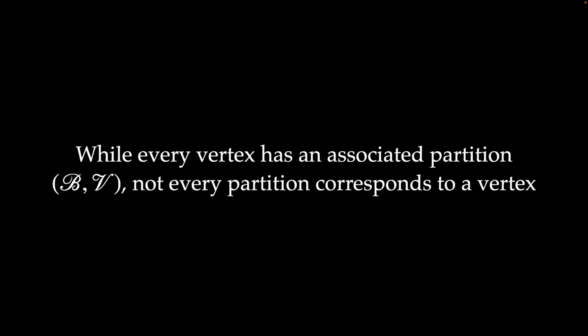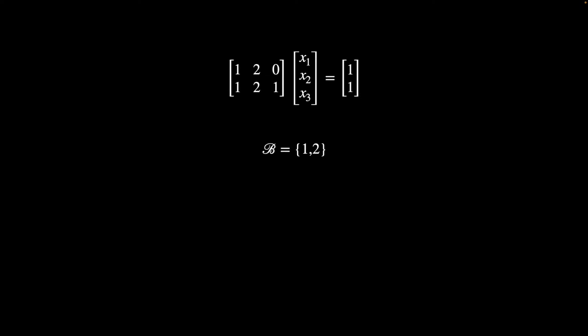The important thing to keep in mind here is that while every vertex has an associated partition, not every partition corresponds to a vertex. I think the best way to see this is through an example. Consider the case where we have the following AX equal to B constraint. Imagine someone comes up to you and says, hey, the basis here is 1 and 2. You might say, I don't really believe you.